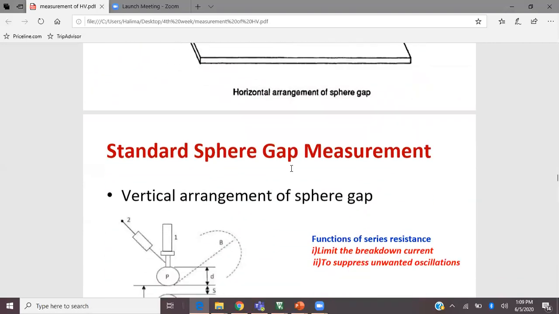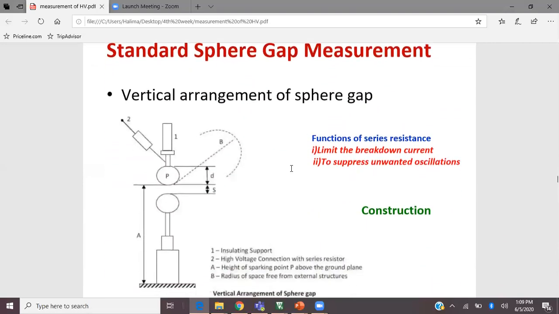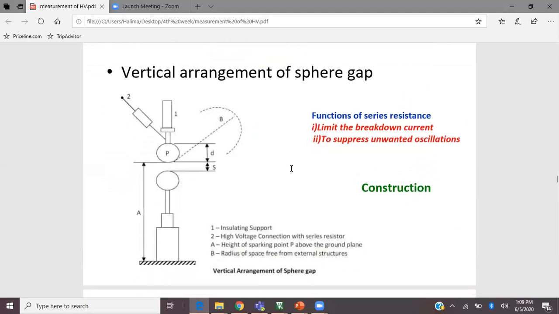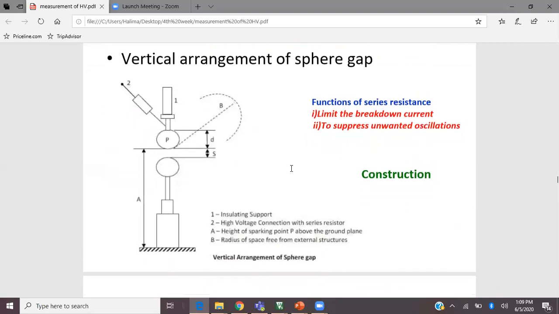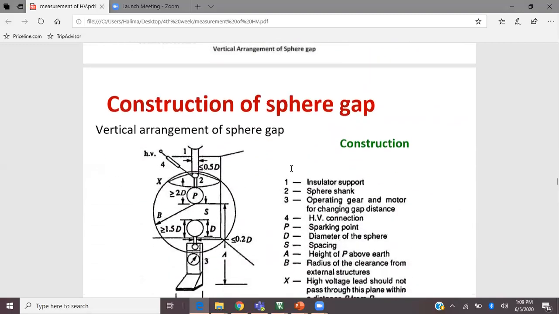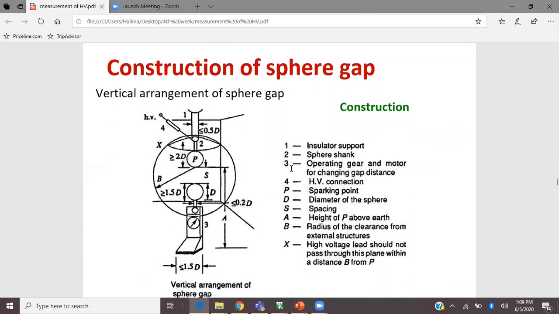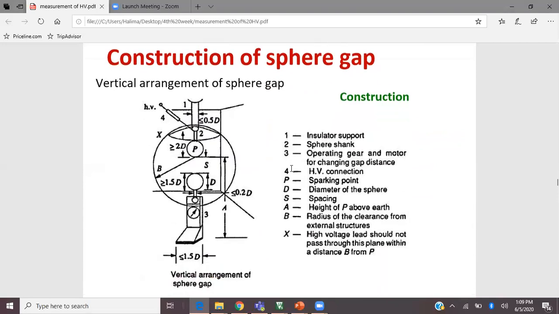So this is the vertical arrangement of the sphere gap. This is what is written: the diameter D of the sphere, the spacing should be greater than 2D.